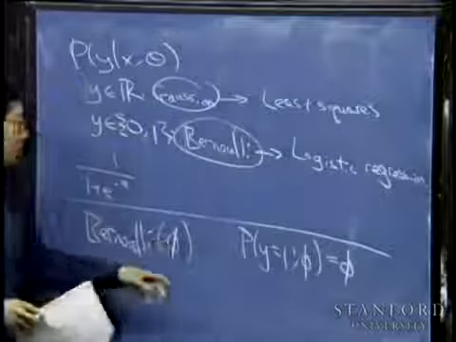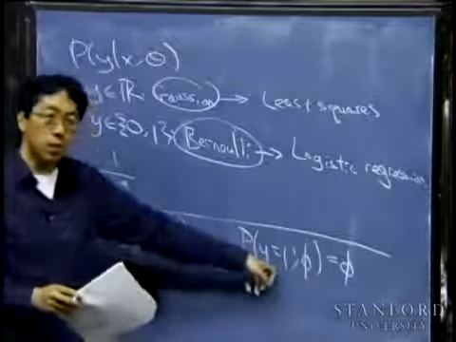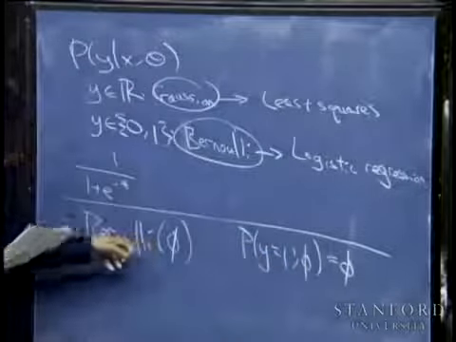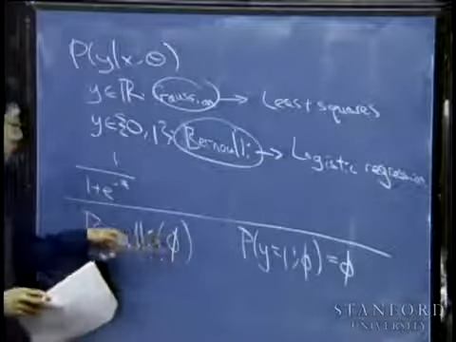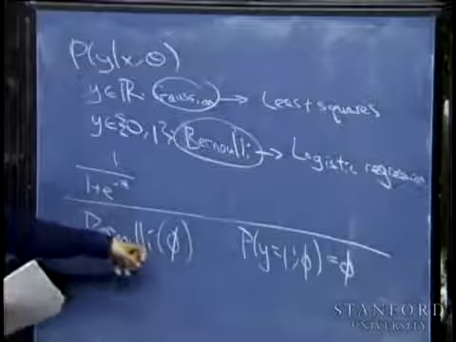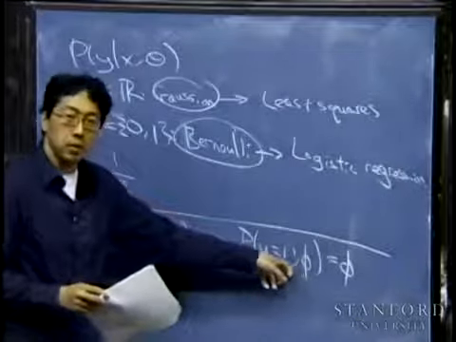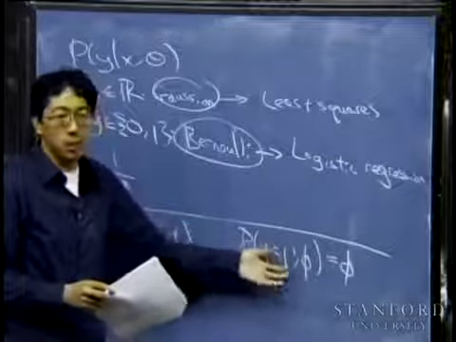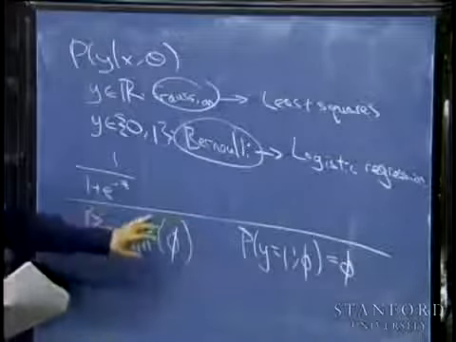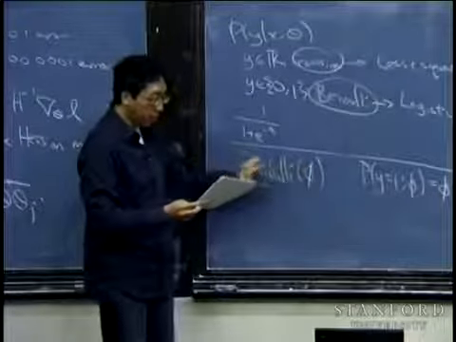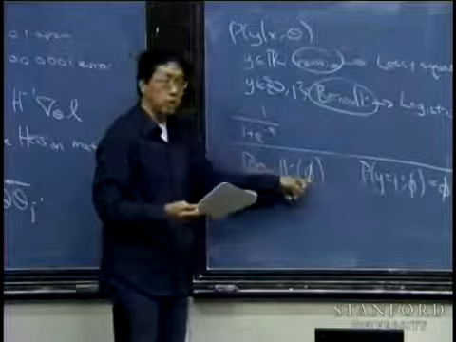So the parameter phi in the Bernoulli specifies the probability of y being 1. Now, as you vary the parameter, you get different Bernoulli distributions, different probability distributions on y that have different probabilities of being equal to 1. So I want you to think of this not as one fixed distribution, but as a class of distributions that you get as you vary theta.